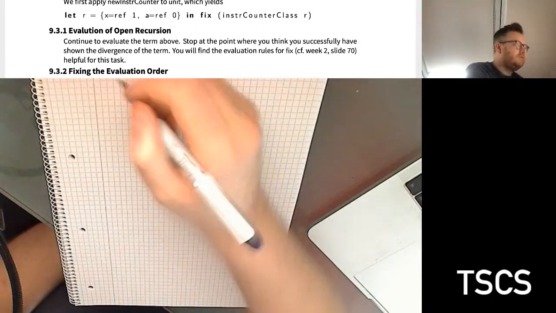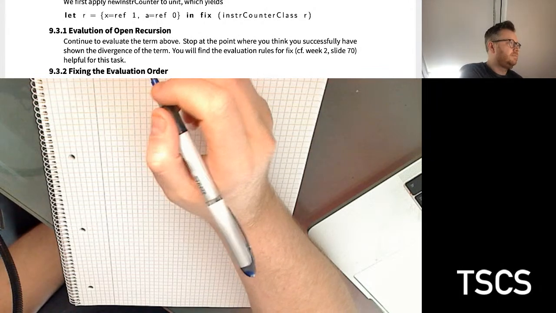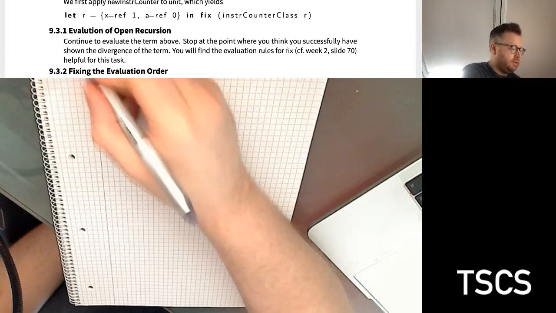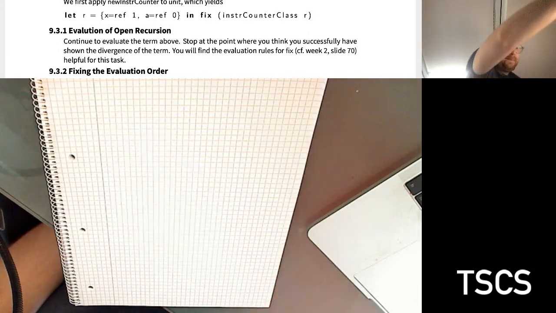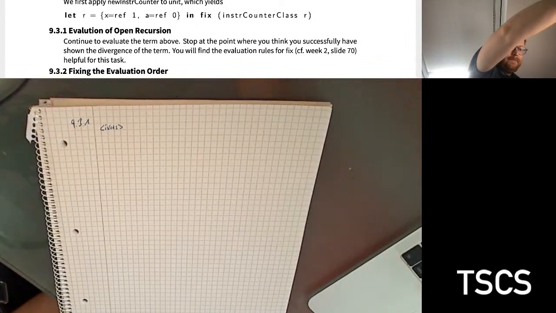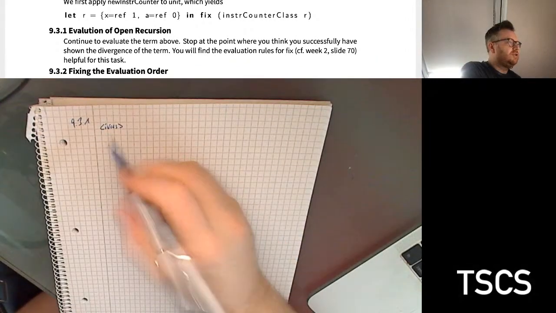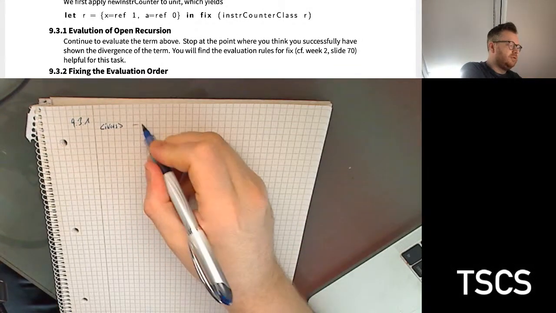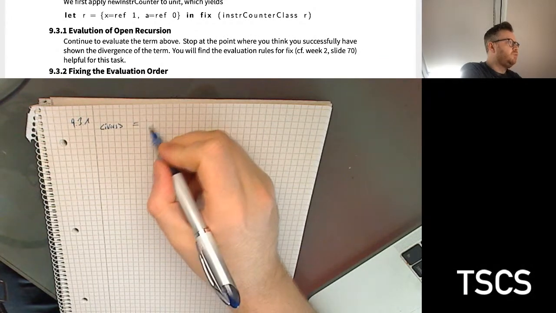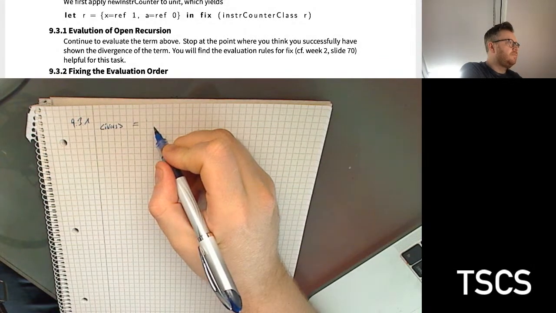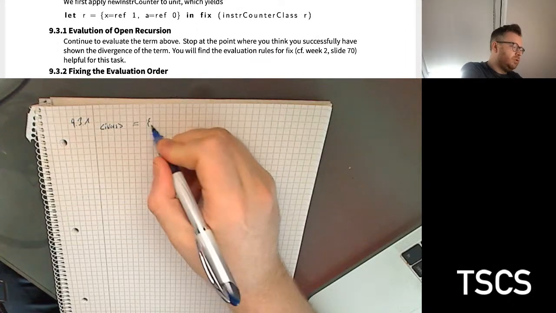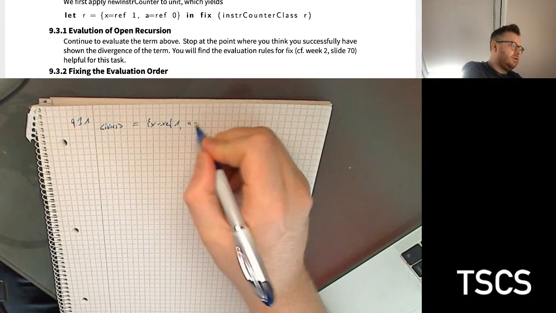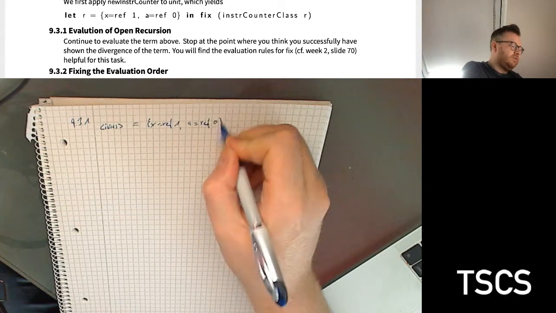Let's call this record IVARs, just to save a little bit of space, so we don't need to write everything in there. So this is equal to x ref 1, a ref 0.